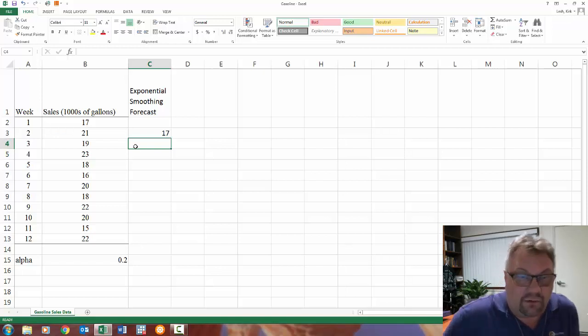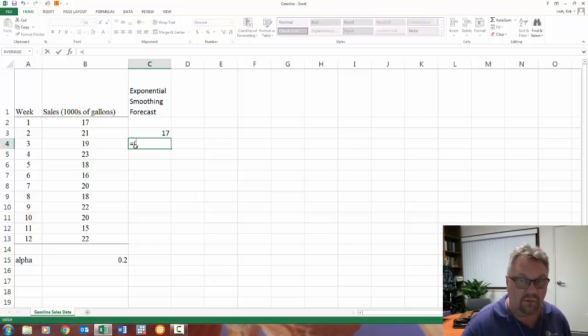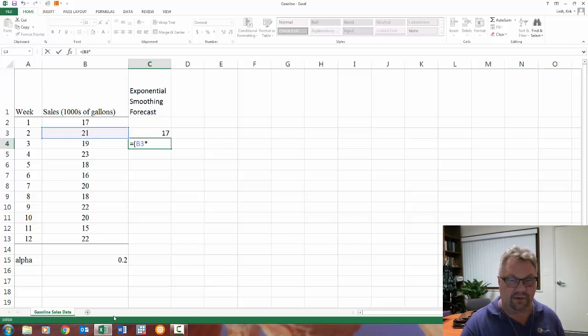All right? So how do we go about actually doing this? What you're going to do is take the actual sales in the prior period, multiply that by your alpha, and then add to that 1 minus your alpha times the forecast in the prior period.